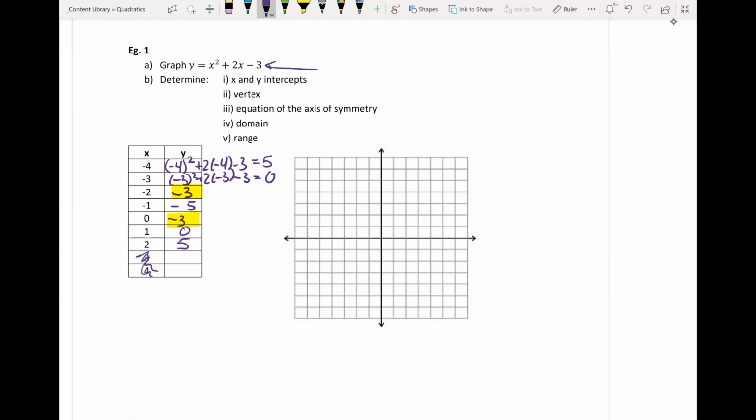Okay, so let's graph this, but first we have to label our axes. All right, so our first point is -4, 5.